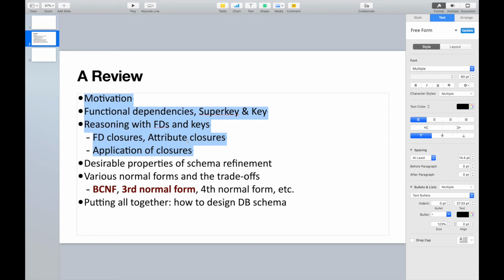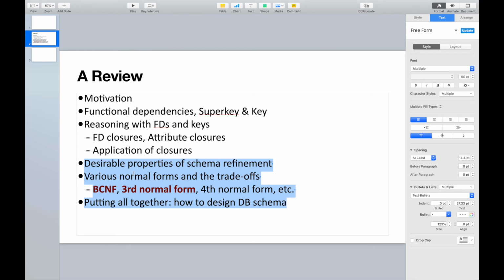We also discussed how to use these attribute closures to compute new FDs as well as to find the keys for the relations. So this is what we covered last week. This week, we will have several more lectures on the relational design, mainly focused on relation refinement or normalization.